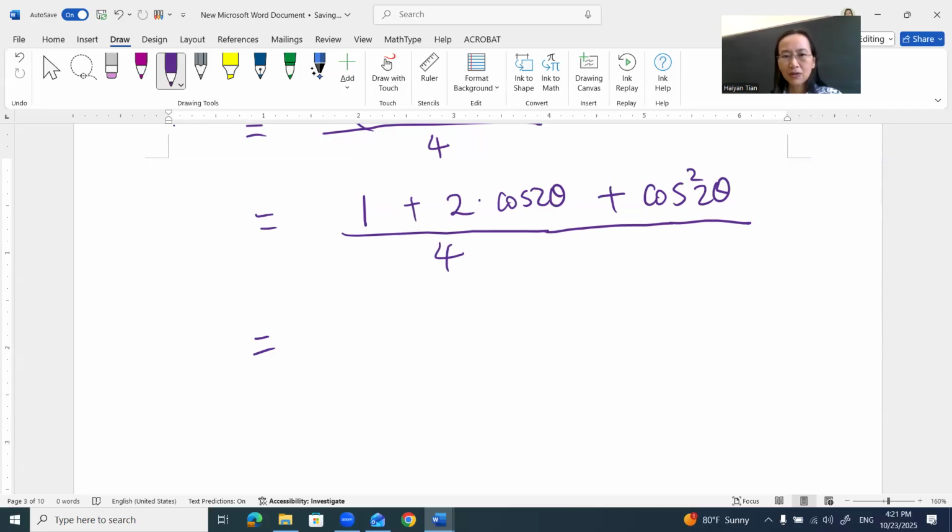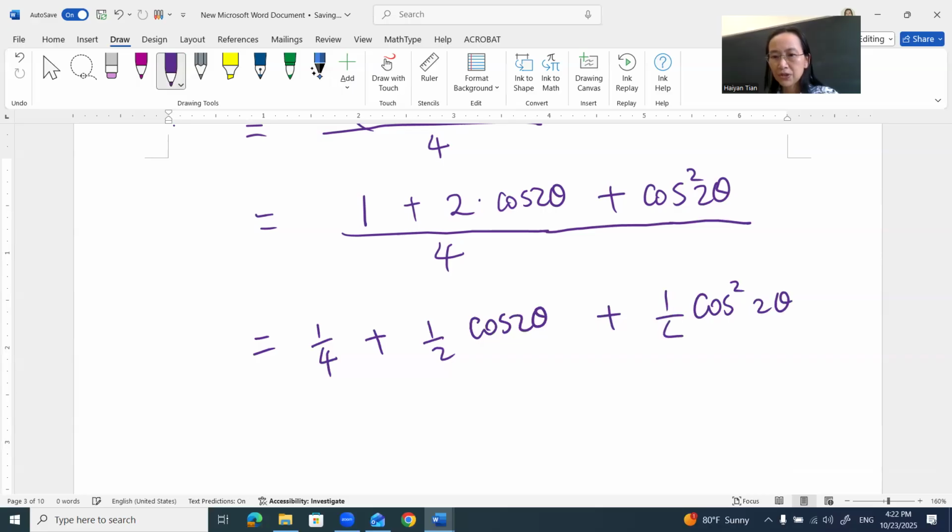The functions that are already in the first power, we keep. So 1 over 4, let's divide each term by 4. 2 times cosine 2 theta over 4, which is 2 over 4, which is half, right? Cosine 2 theta. And then the last term is cosine squared 2 theta over 4. So we just divide each term by 4.